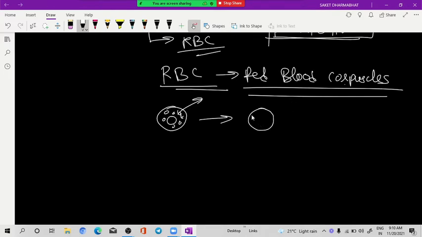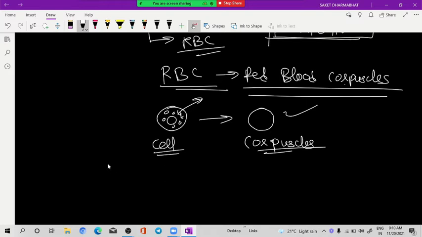Now, the cells which do not have all these cell organelles will be called as what? Corpuscles. That's why RBC do not have nucleus, mitochondria, endoplasmic reticulum, Golgi body. That's why its name is corpuscles. I hope you understand. Clear up to here?